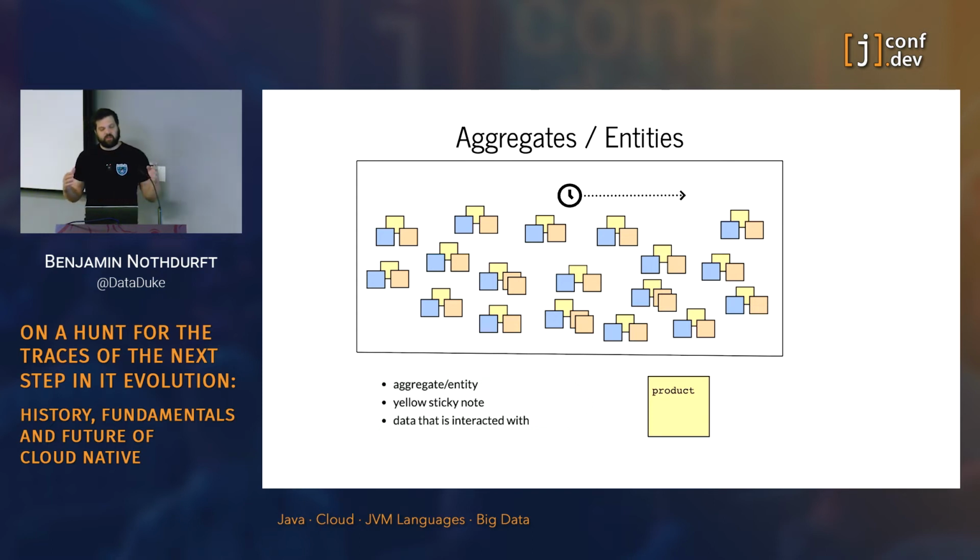So we try to figure out what's the aggregate or the entity that we want to use. And what's the interesting part now is that, for example, when we have a product in an e-commerce world, like a typical web shop, it's changing over time.